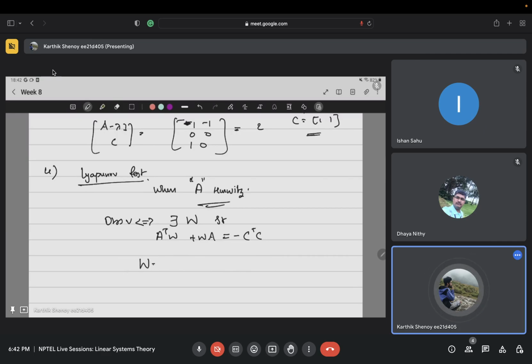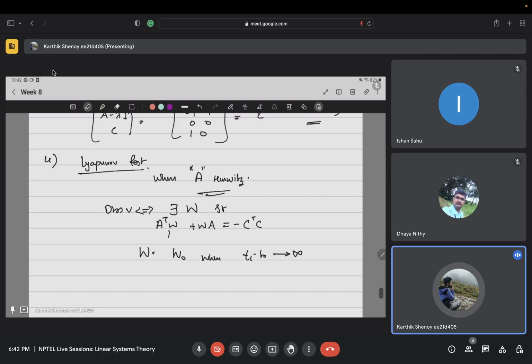This W is W naught when T1 minus T naught tends to infinity. What does this mean? This W essentially represents your energy function, because in Lyapunov stability analysis we showed that X transpose Px is an energy function. In the same way X transpose Wx will also represent some sort of energy function.